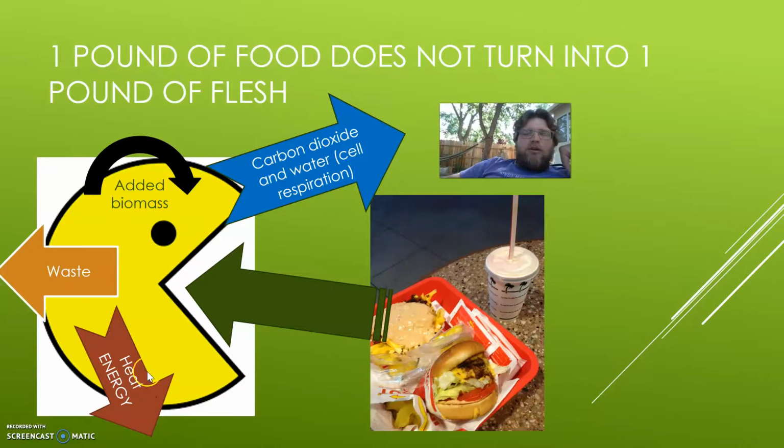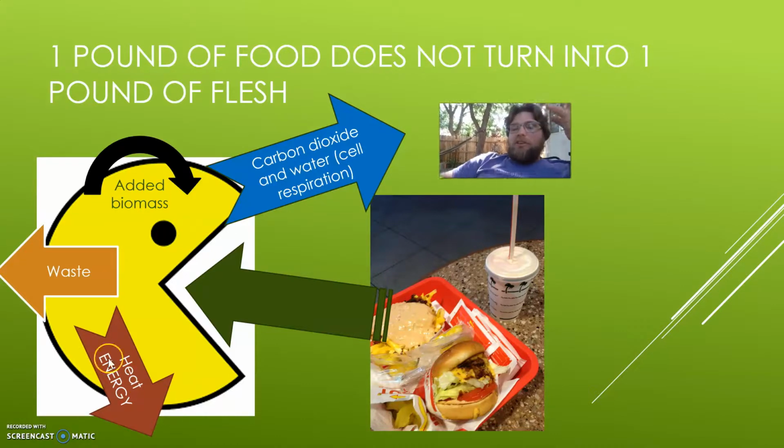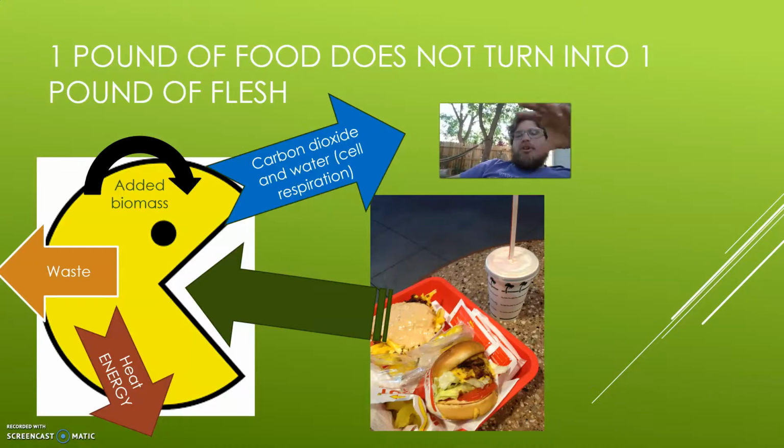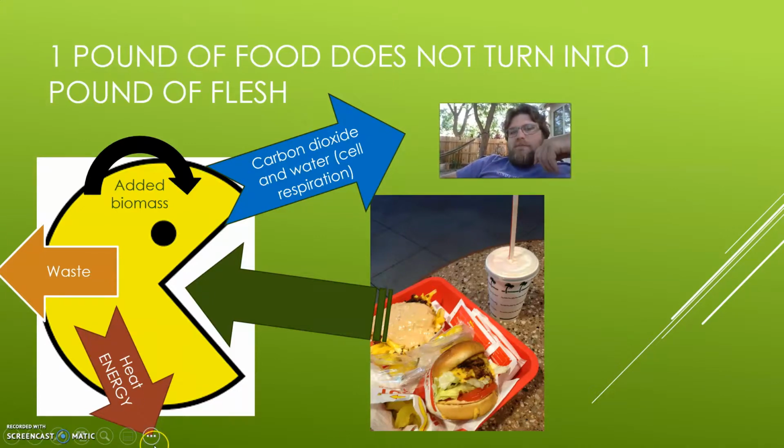Okay, some of that mass is turned into energy. Cell respiration happens. The sugars in the French fries and the secret sauce and the tomato and the bun, your cells break down, turn it into ATP, and then use that ATP for cell processes. So some of that mass got used as energy.